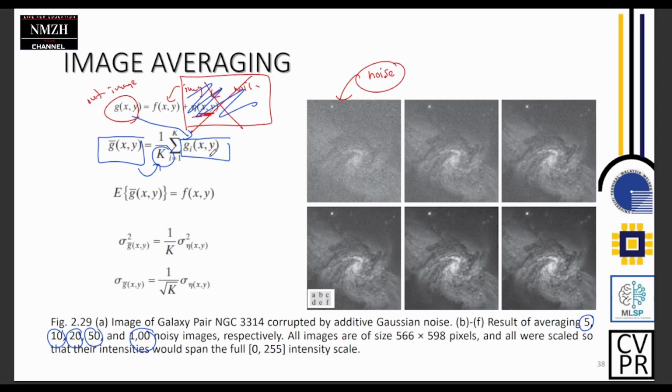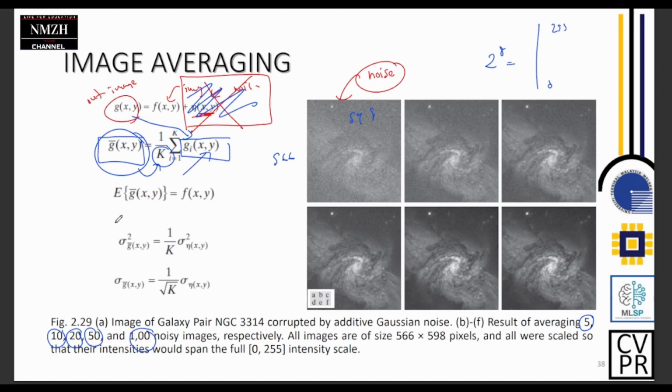So this one is the noisy image, and this one is the product from averaging the noisy images. All the images are 566 by 598, and all were scaled in intensity, so the span of intensity is 0 until 2 power 8, meaning 0 until 255 intensity.